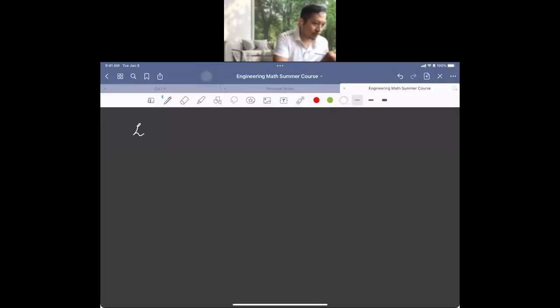Okay, now if we go through t e to the power of 3t, we can say that this is actually the Laplace of t when s is shifted to s minus 3.